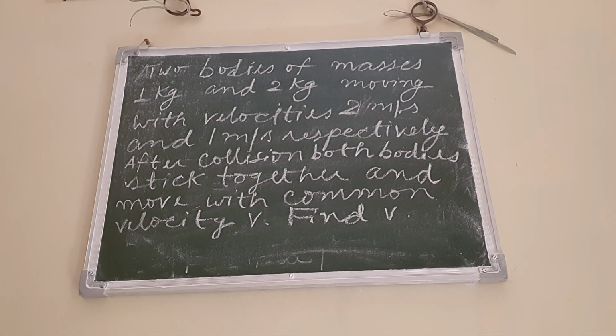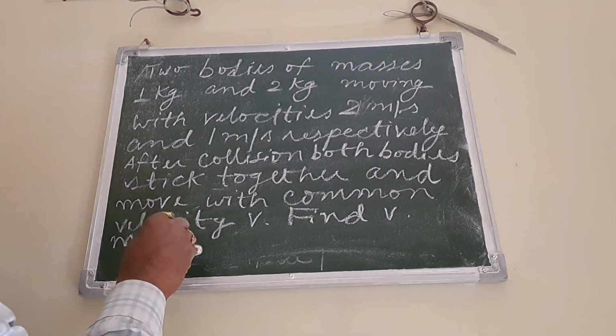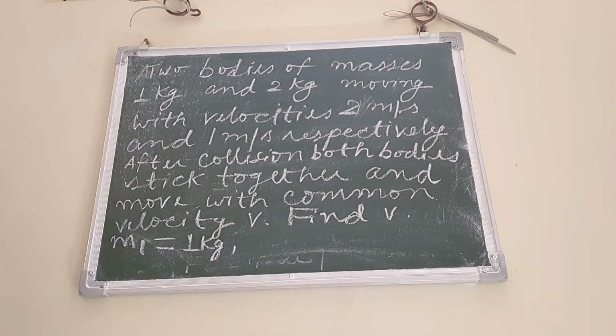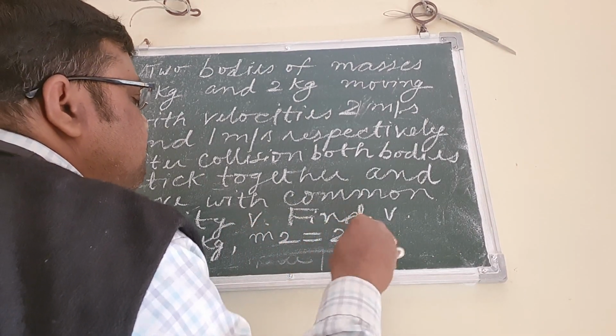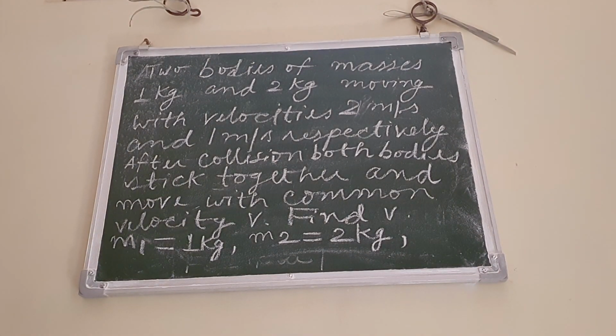We are going to read the question and understand it, and then do the question. Two bodies of masses 1 kg and 2 kg. So here, m1 is equal to 1 kg, the mass of the first body, and the second body is 2 kg, so m2 is equal to 2 kg. Moving with the velocities 2 meter per second and 1 meter per second respectively.